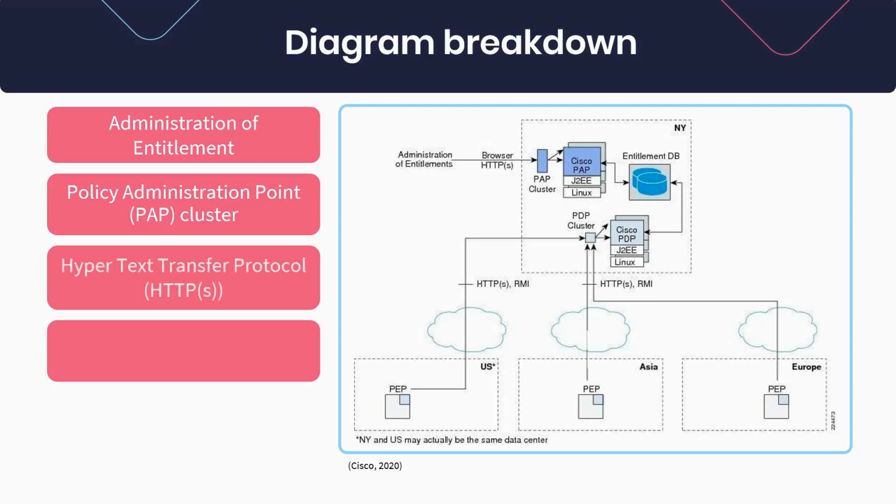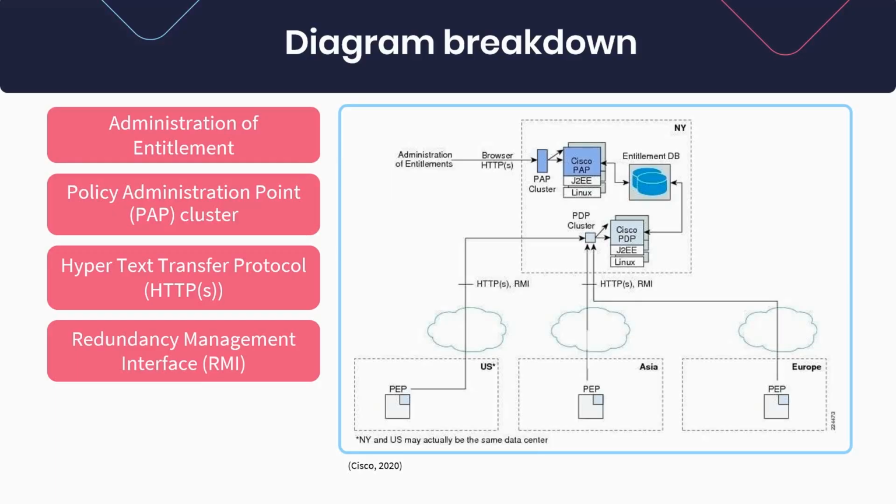The Hypertext Transfer Protocol, HTTP, refers to the medium of communication, in most cases through the use of organization portals. And then the Redundancy Management Interface, RMI, is used as a secondary link between the active and standby wireless controllers.